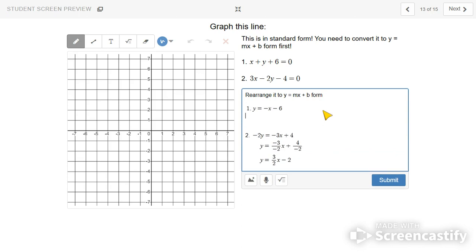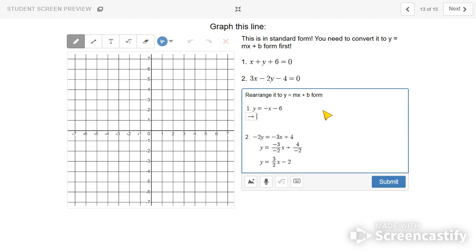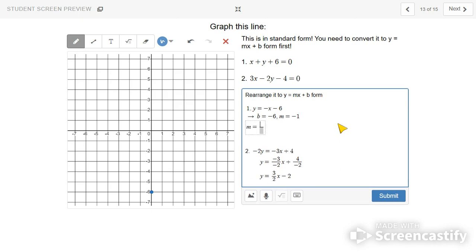Okay, in our first one, we have y-intercept of -6 and a slope of -1. Let's start graphing at -6. So when I have a -1 slope, that means I could say I have a slope of -1 over +1, or I could say 1 over -1.